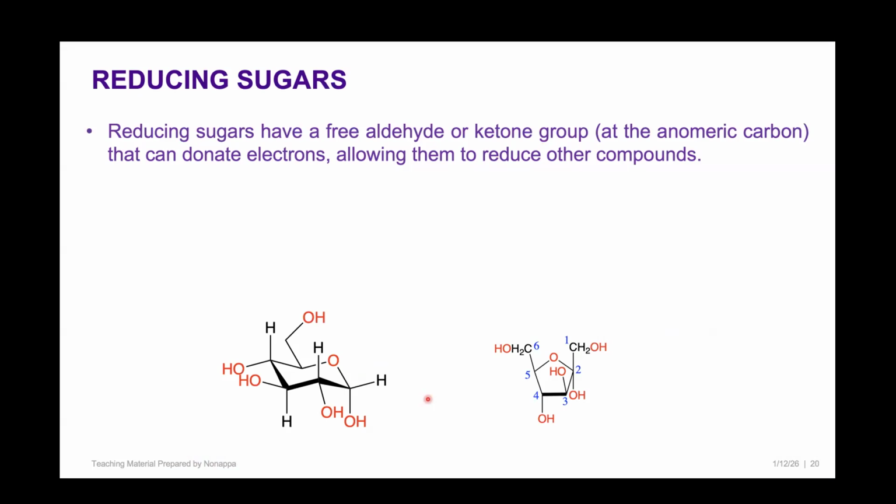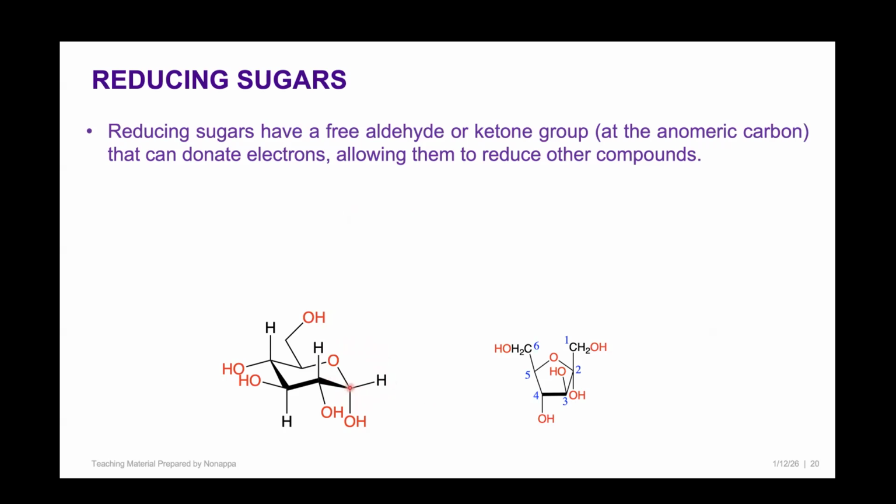They can undergo oxidation and reduce some materials and chemicals. Therefore, carbohydrates are divided also into reducing and non-reducing sugars. Then what is a reducing sugar? When we say reducing sugar, they always have a free aldehyde group or ketone group in their open chain form at the anomeric center.